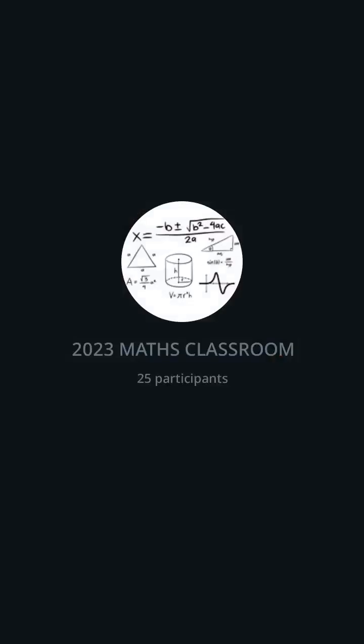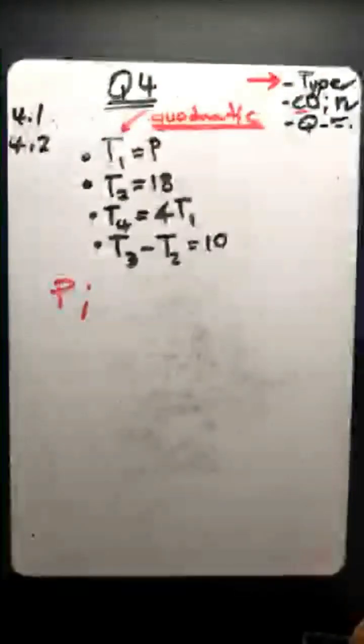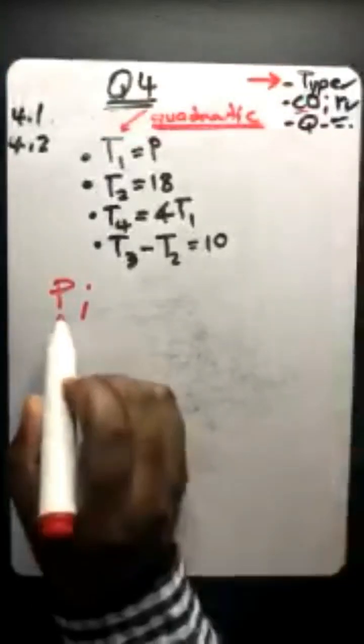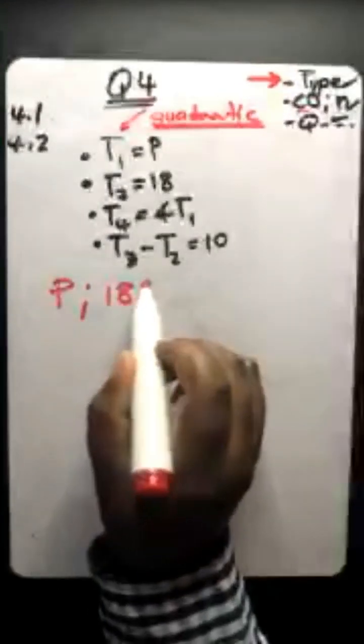So now, what's your understanding of T2? T2 is 18. So T2 means term number 2. This is term number 1. 18 is term number 2. I think we're getting somewhere.